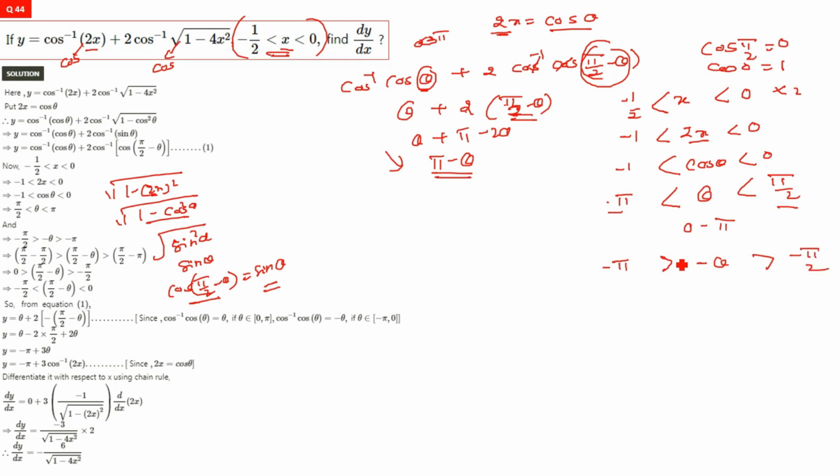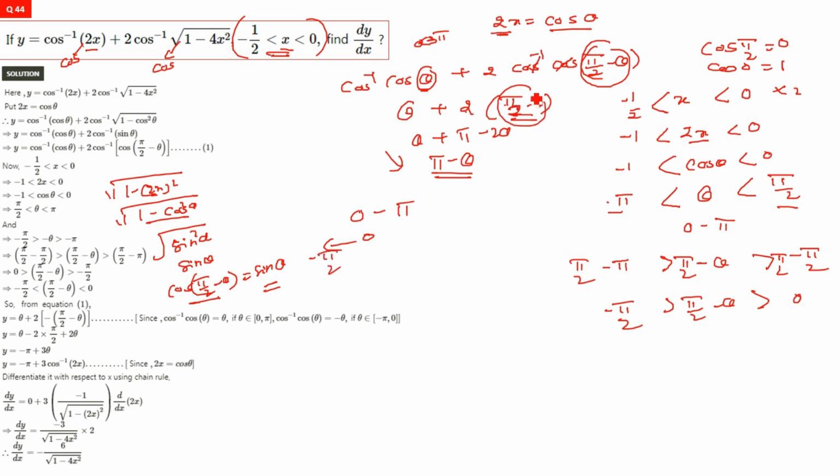Theta, so we will multiply by negative on every side, so the inequality will change. Then we add pi by 2, because we have to check for pi by 2 minus theta. So we are adding pi by 2, and this is minus pi by 2 on the left, and on the right it is 0. But now we have gone from 0 to negative pi by 2.